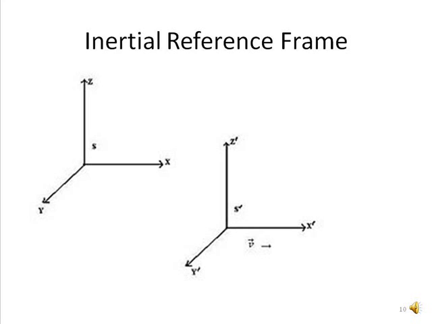The concept of an inertial reference frame is important because Newton's laws only strictly hold in a reference frame that's inertial. What do we mean by inertial? Well, we can define a reference frame as being stationary relative to the Earth's surface. Now, the Earth's surface is not strictly stationary because, as we know, the Earth rotates on its axis.